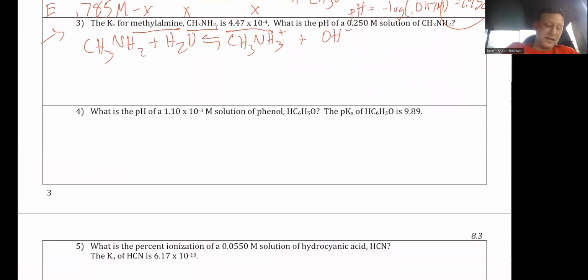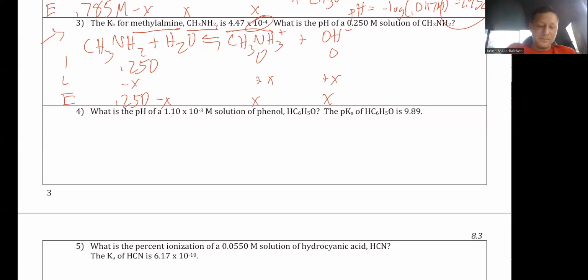And then the ICE table here would just be, let's see, our initial concentration is 0.250. It's going to be minus X, 0.250 minus X. It's going to be 0 and 0, and then plus X. Eventually you don't have to be writing out these ICE tables every single time. And we can ignore the minus X because it's small, 10 to the minus 4, so that's within the 5% rule.